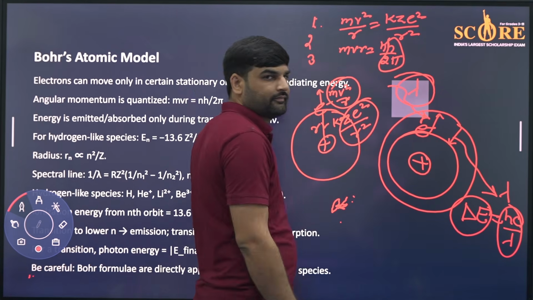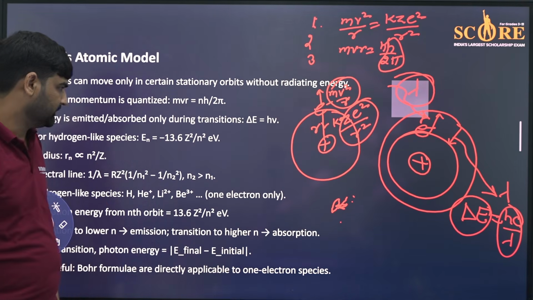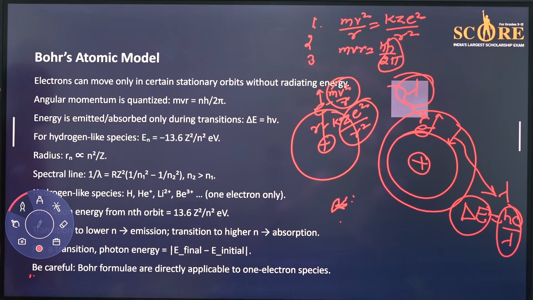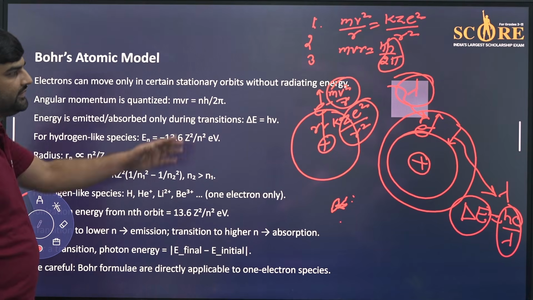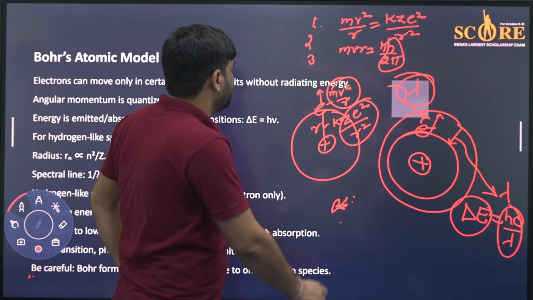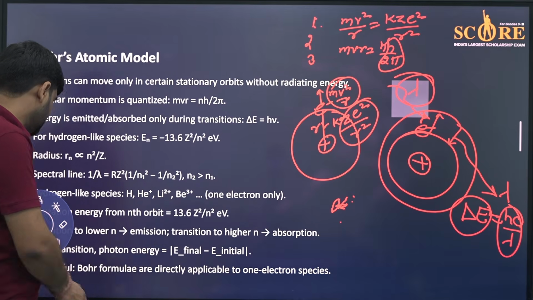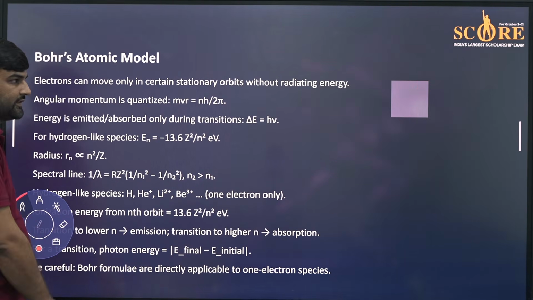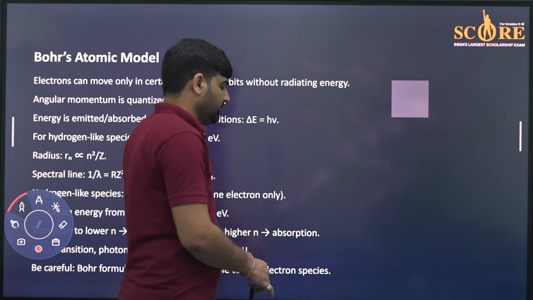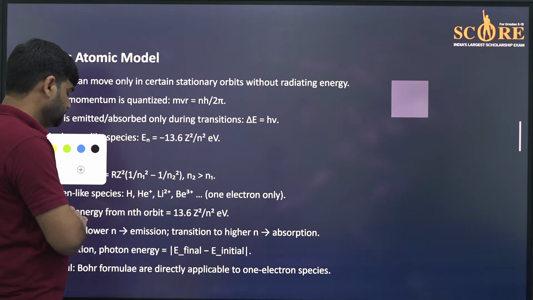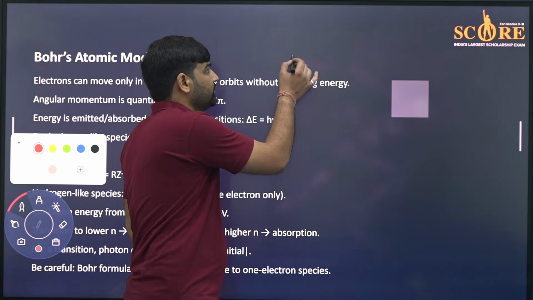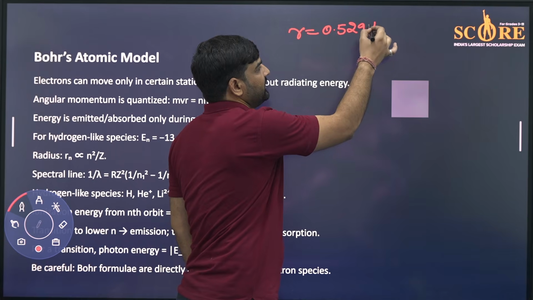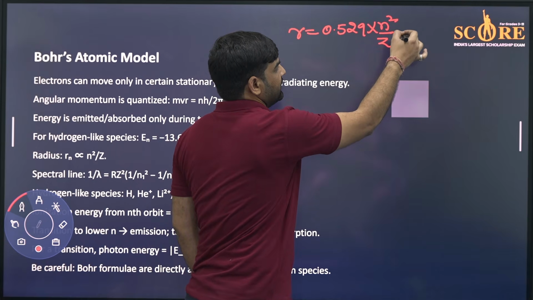Lambda is the wavelength of the photon. So these are the points related to the Bohr model, and by these equations you can find the formulas for the radius of electron in a particular shell orbit. You can also find the velocity formula. So now we will discuss radius will be 0.529 multiplied by n square divided by Z angstrom.